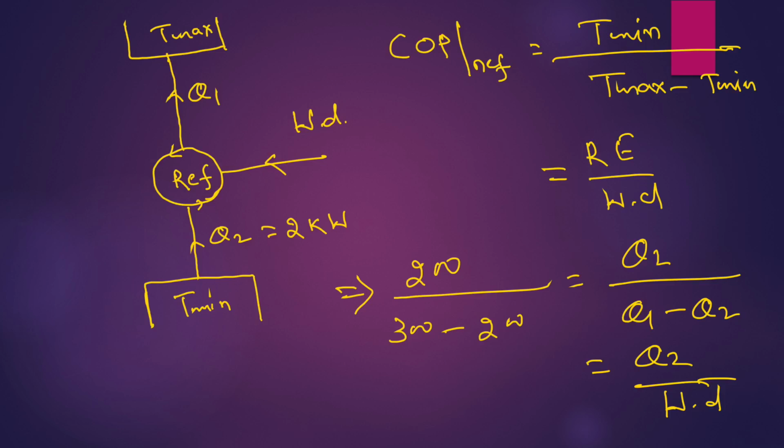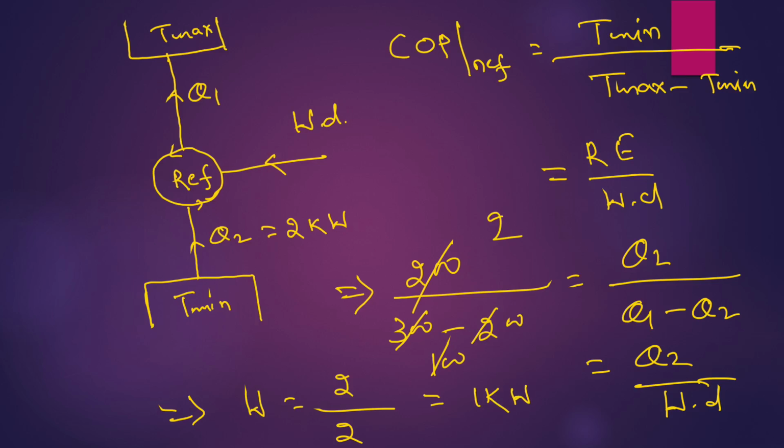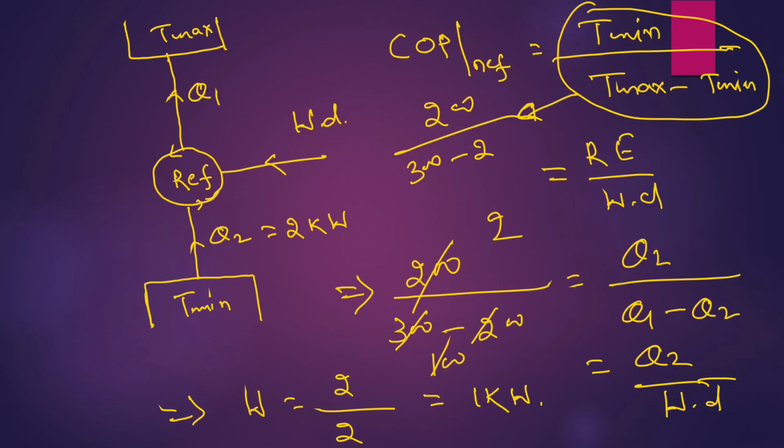Then here you will get 100, 2 you will get. So Q2 value given, work done equal to Q2, 2 kilowatt divided by 2, you will get 1 kilowatt. This is work done. And for COP, from here you will get 200 divided by 300 minus 200, finally you will get 2.